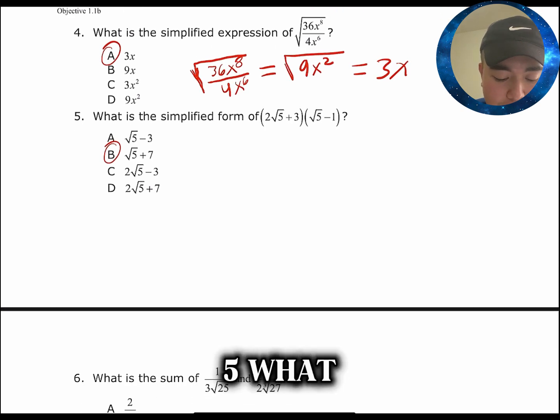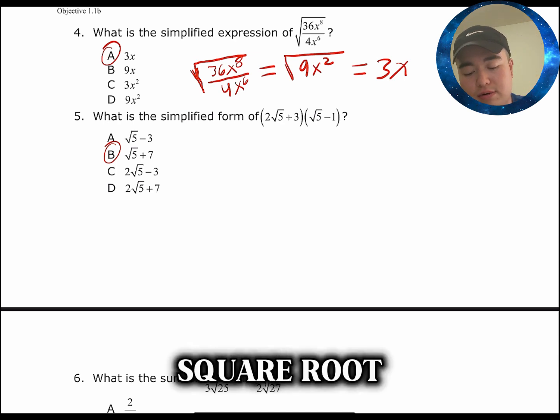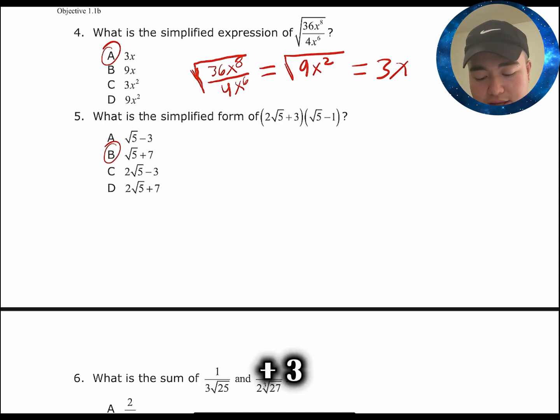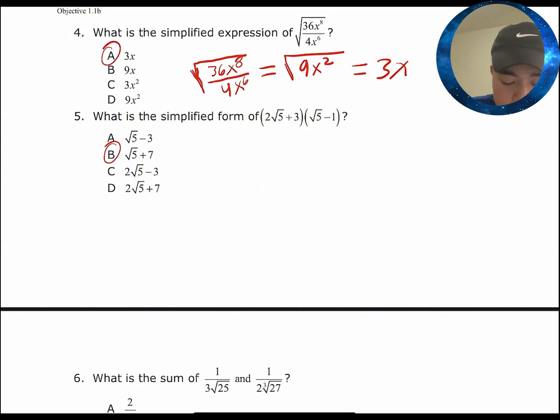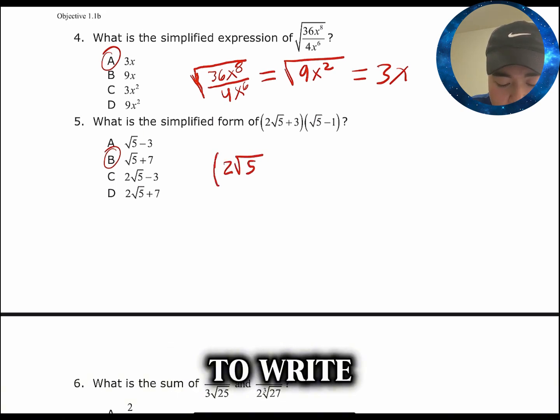For number 5, what is the simplified form of 2 times square root of 5 plus 3 times square root of 5 minus 1? So again, I'm going to write it out. I think it's good practice to write it out again.